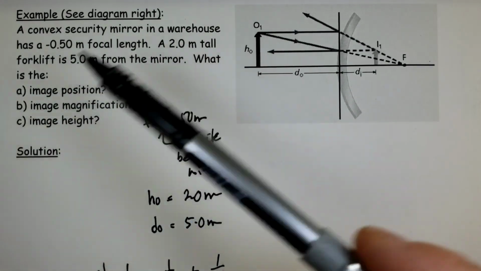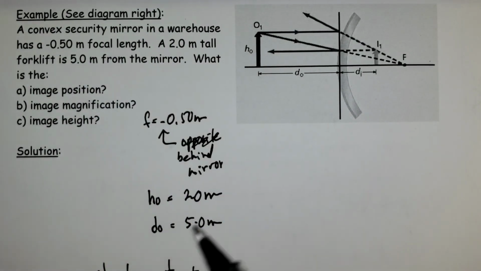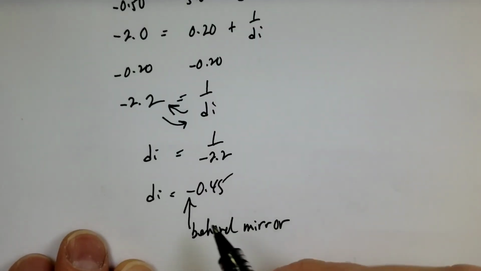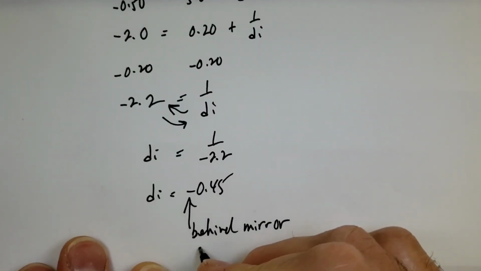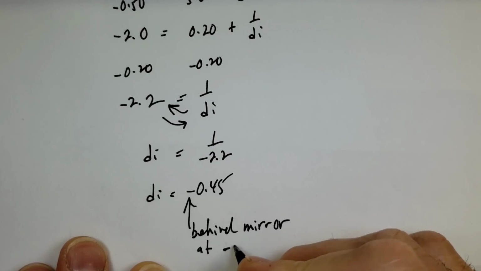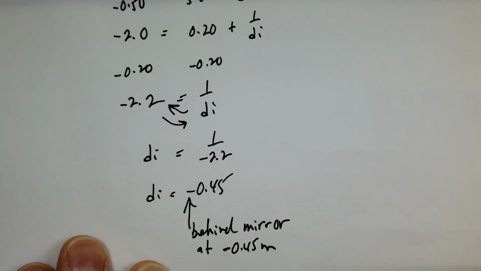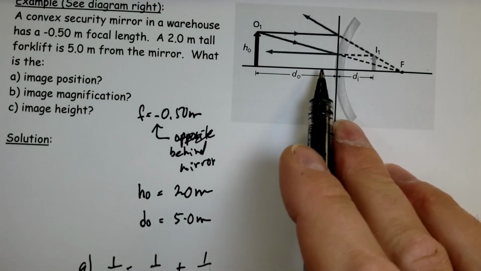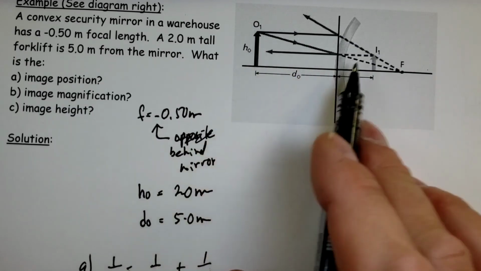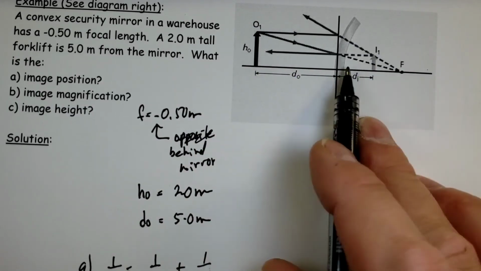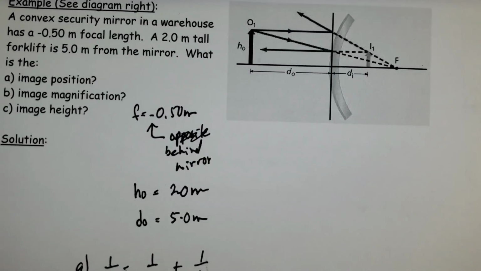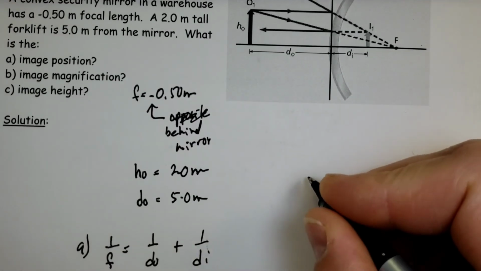If you have a combination of centimeters and meters, you have to convert it into one. So let's be careful with that. So that means behind mirror at negative 0.45 meters. So that's where that is. If this forklift is 5 meters in front of the mirror, the image appears to be almost half a meter behind the mirror.